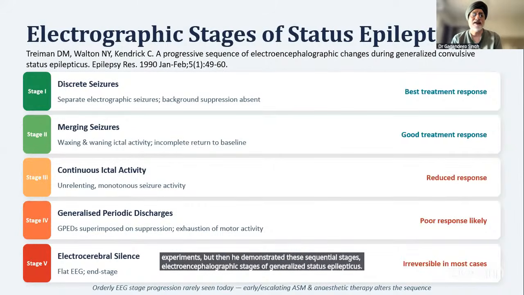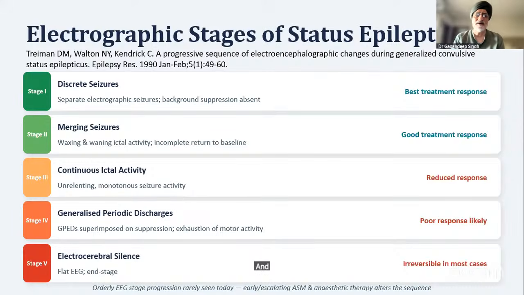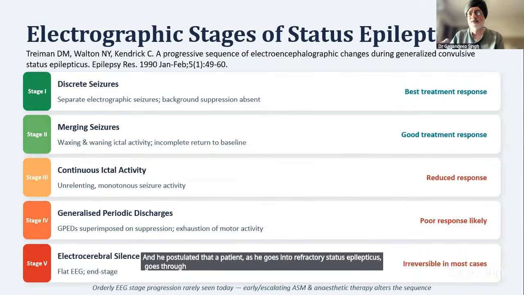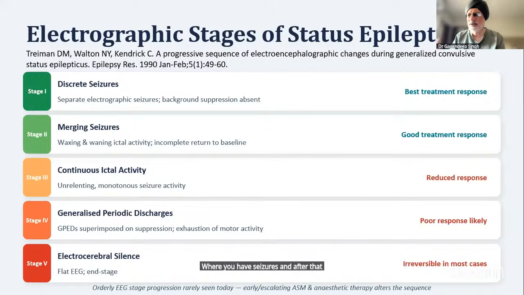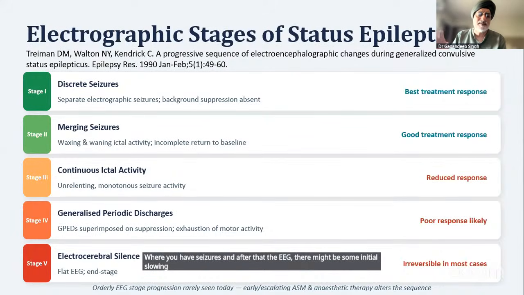He postulated that a patient, as he goes into refractory status epilepticus, goes through a stage where you have discrete seizures, and after that, on the EEG, there might be some background slowing after the seizure, but then eventually the background becomes what it was before.